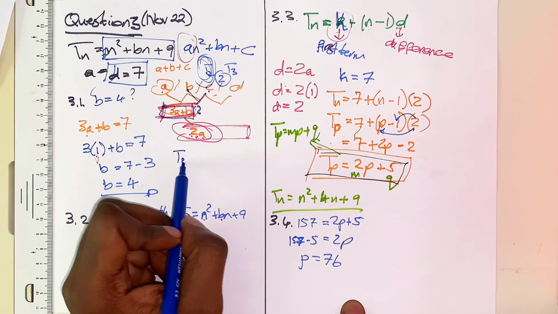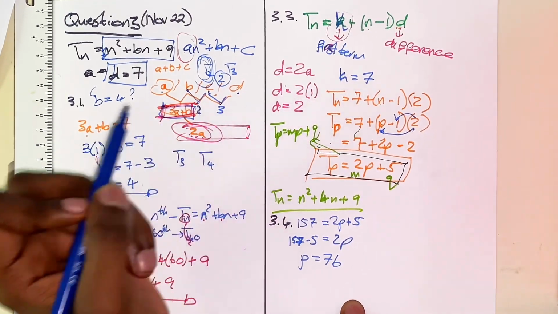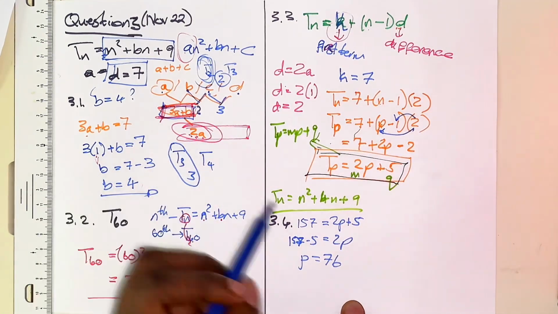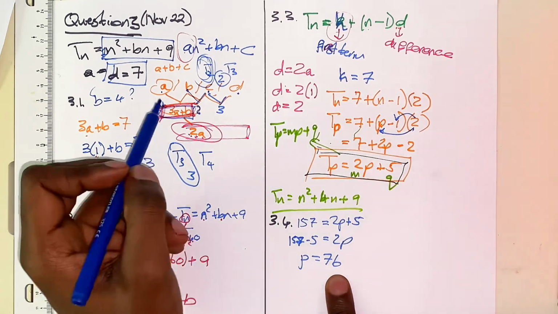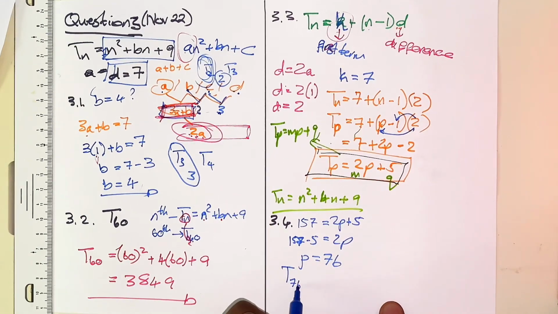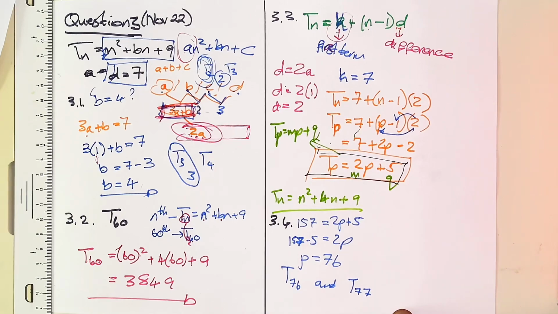Between T3 and T4, we'll have difference number 3. So it always aligns with the term before. So if 157 is term number 76 in the first difference, that means it is between T76 and T77.